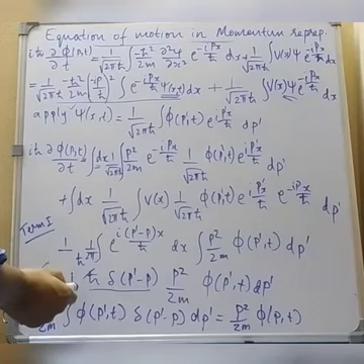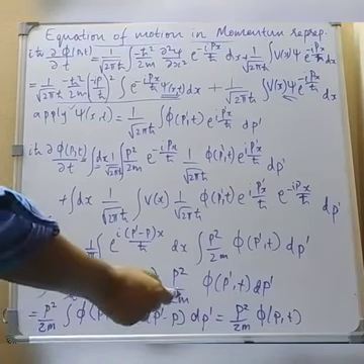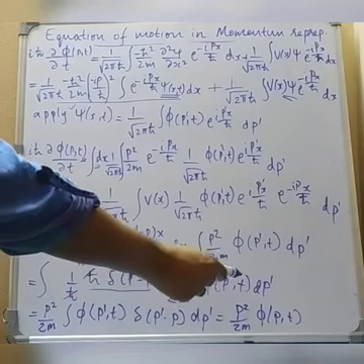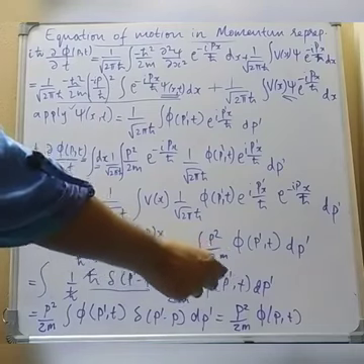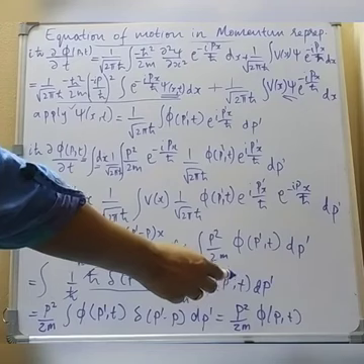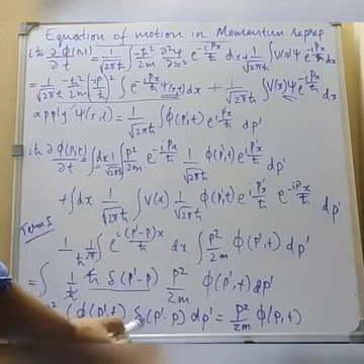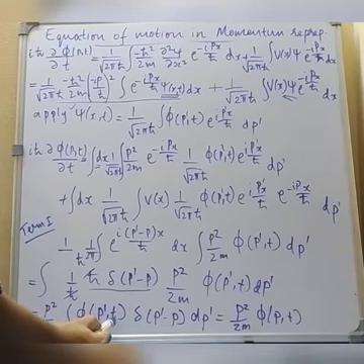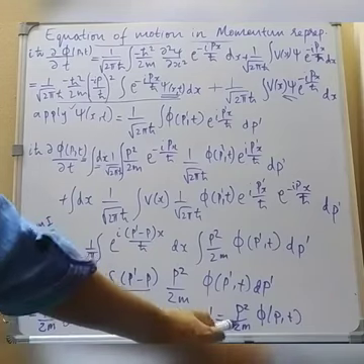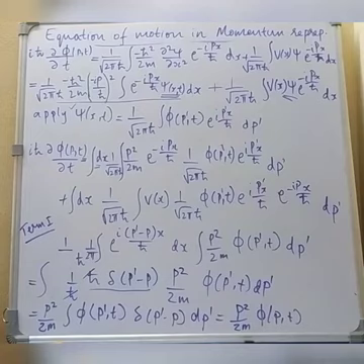So ħ cancels. Now what remains is p squared by 2m φ of p prime comma t dp prime. Once more integrate over dp prime, that is using the property of the Dirac delta function. So we can have φ of p comma t into p squared by 2m. I think it's clear.